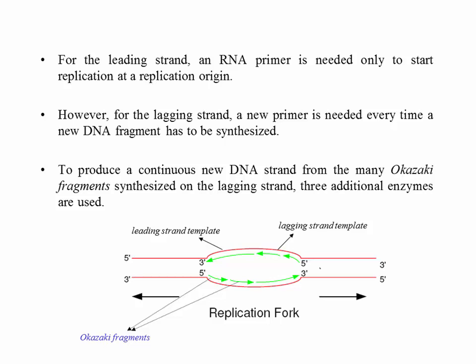First, you have to go ahead and cut out, remove those RNA primers. Then you have to synthesize the complementary DNA to fill in those 10 missing bases. And then you have to make sure that those things are linked together. You form the phosphodiester bond. So there are 3 enzymes that will be needed for doing that.